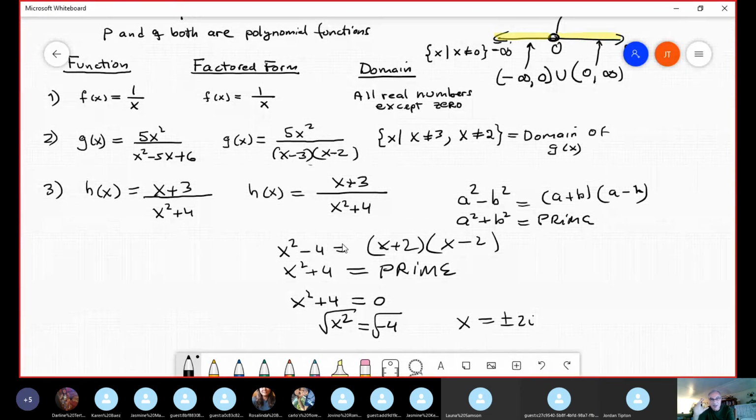Let me summarize. The professor gave me example 3. I try to investigate and I cannot factor, and when I force the denominator to be 0, the answer is imaginary. That means we have no bad guy, no restriction. So my question is, what is the domain of this function?